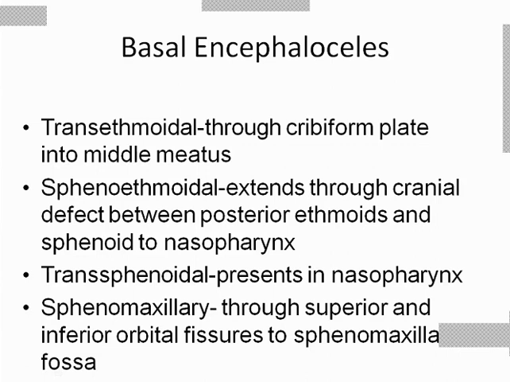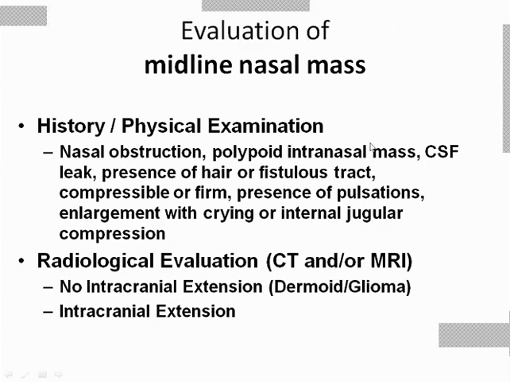So how do you evaluate a nasal mass? Whether it is a dermoid, a glioma, an encephalocele or a meningoencephalocele, first of all you have to do a physical examination.